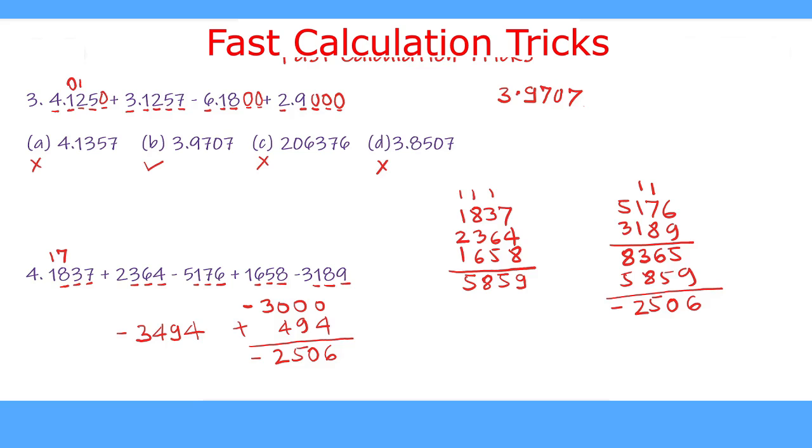I will advise all the students to do a lot of practice of solving such type of questions without writing and doing it orally as far as possible to save time, as it is important to save time in all competitive exams. If you save time, you will be able to attempt more questions and score more marks. By a lot of practice, you will become fast and quick in calculations. So do a lot of practice.